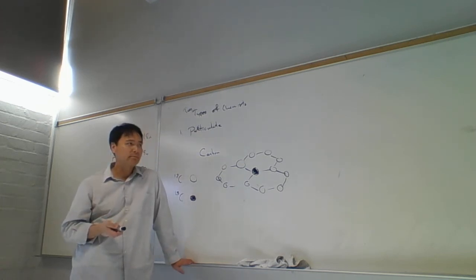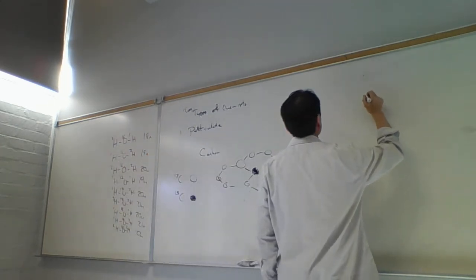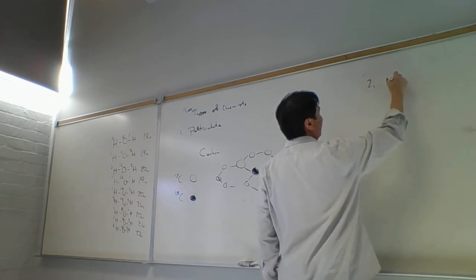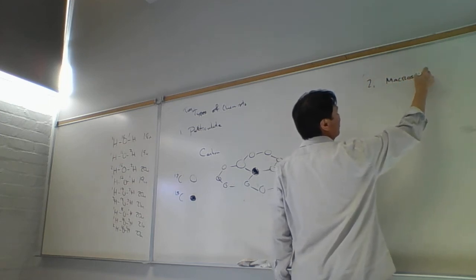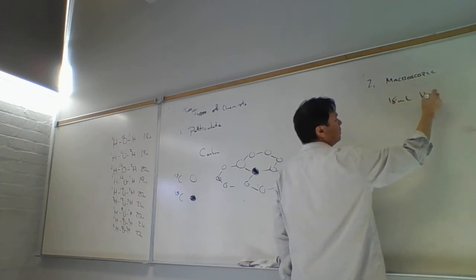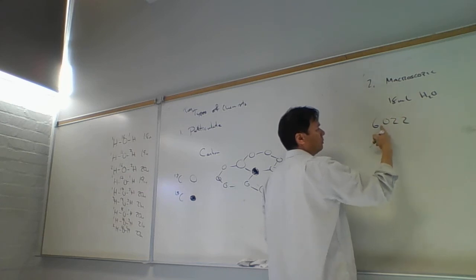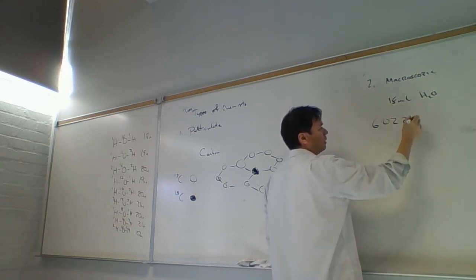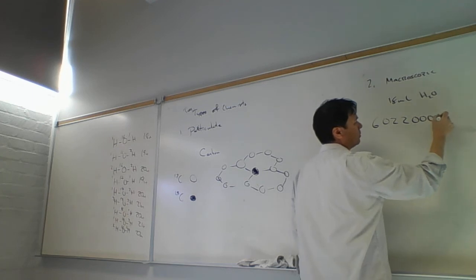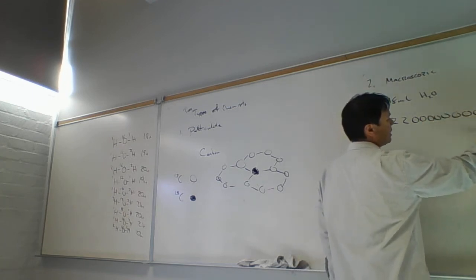But if I have, let's say, a macroscopic quantity, let's say I have 18 milliliters of water, in 18 milliliters of water, there are going to be 6022, 1, 2, 3, and then 10 zeros.